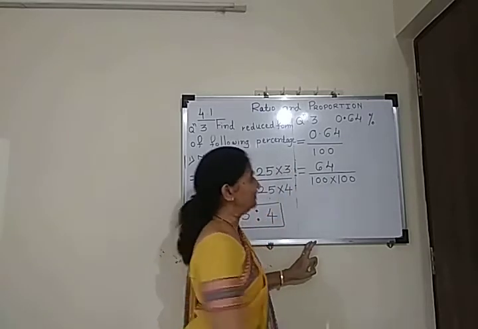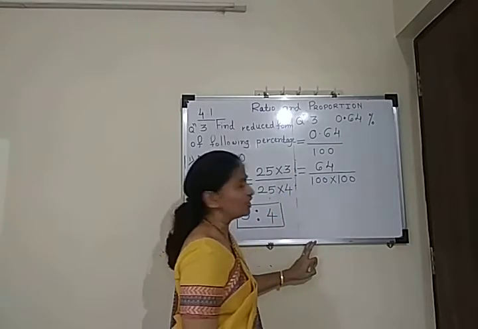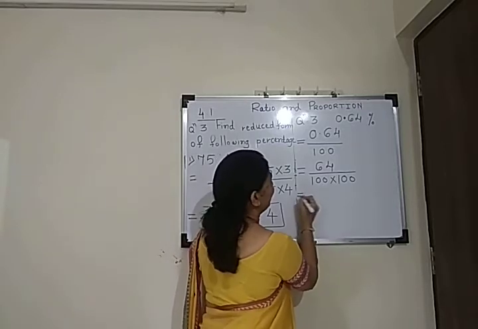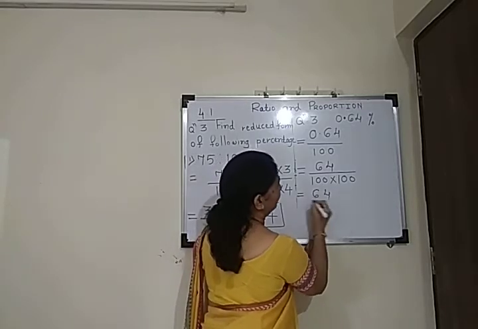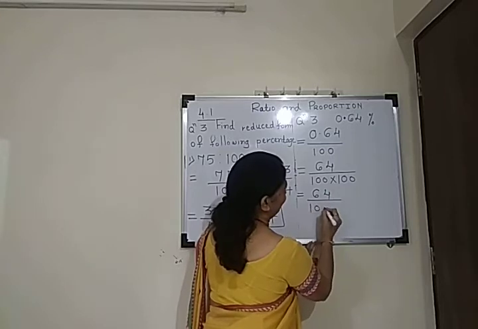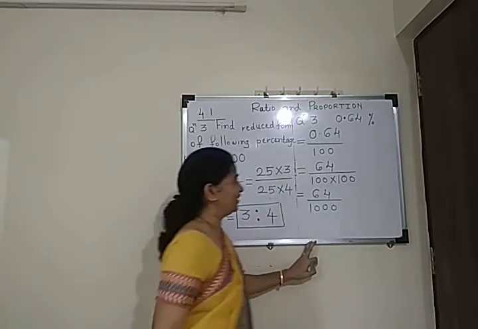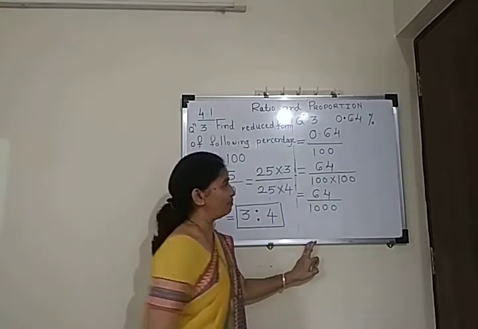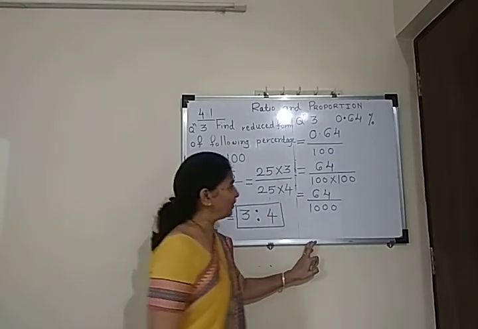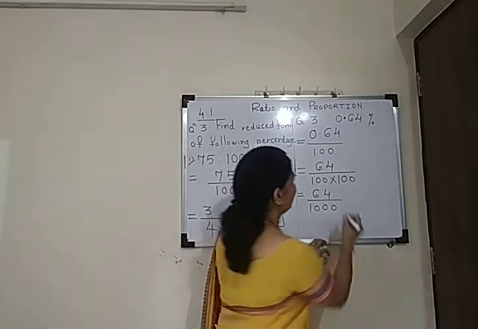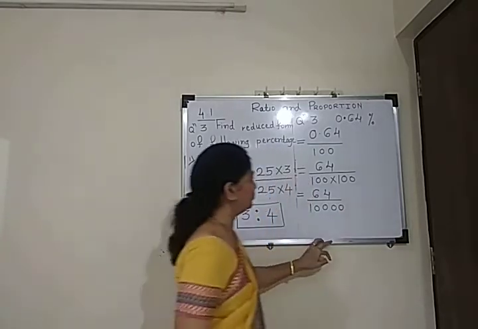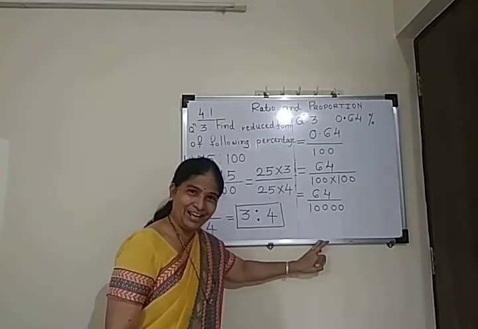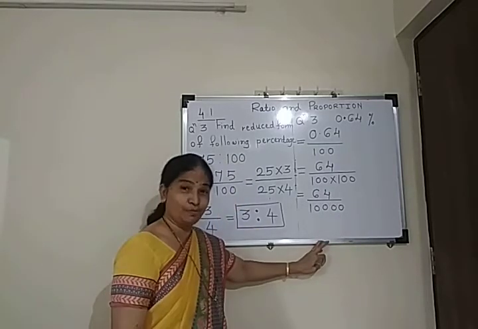That means it came as 64 upon 10,000. Count it: 1, 2, 3, 4. Now I want the reduced form, no?